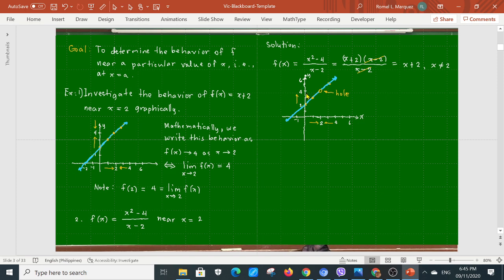That's not the value, I'm just approaching the number 4. What about from the right? Traveling, going also to this hole. So notice that number 1 and number 2 have the same behavior when it comes to values being approached by the function. They both approach 4 as x gets closer and closer to 2.